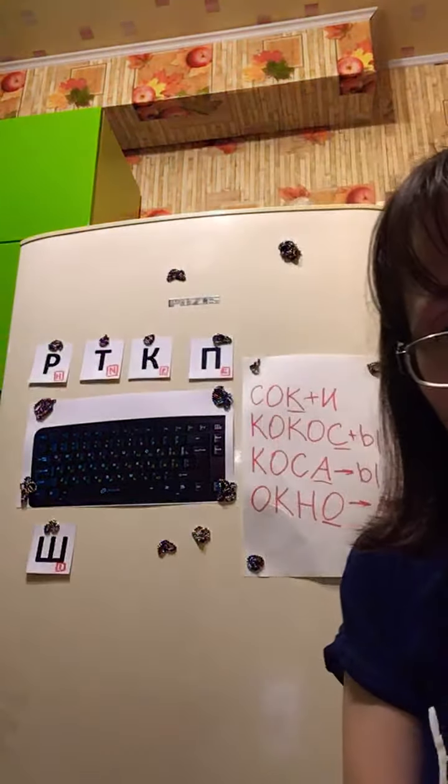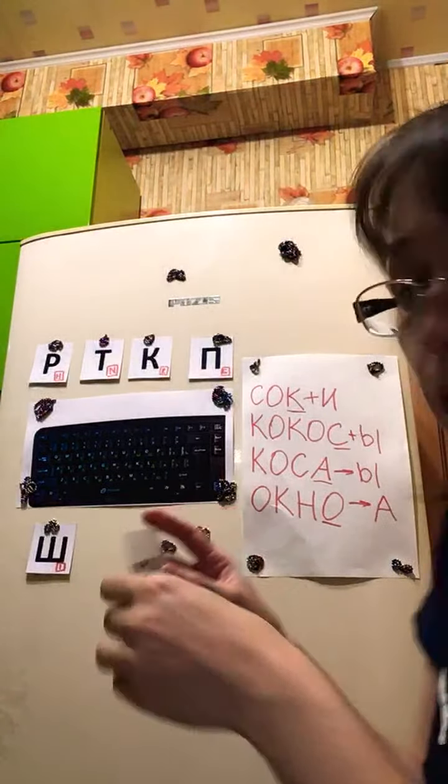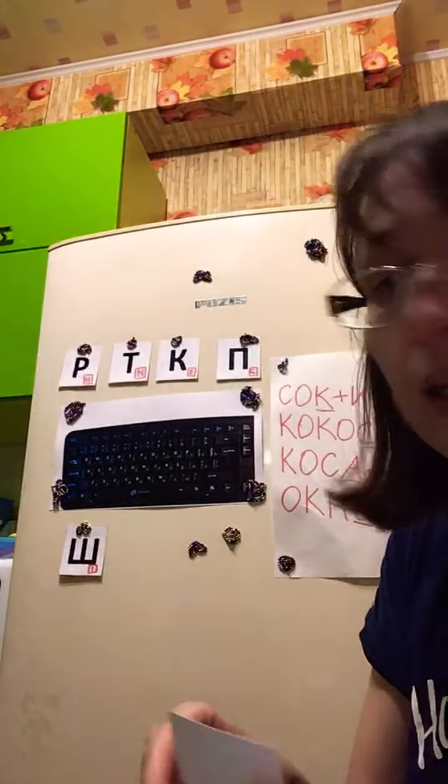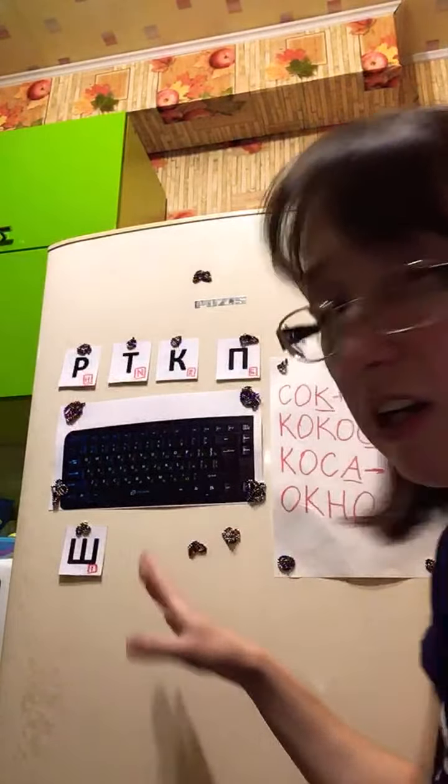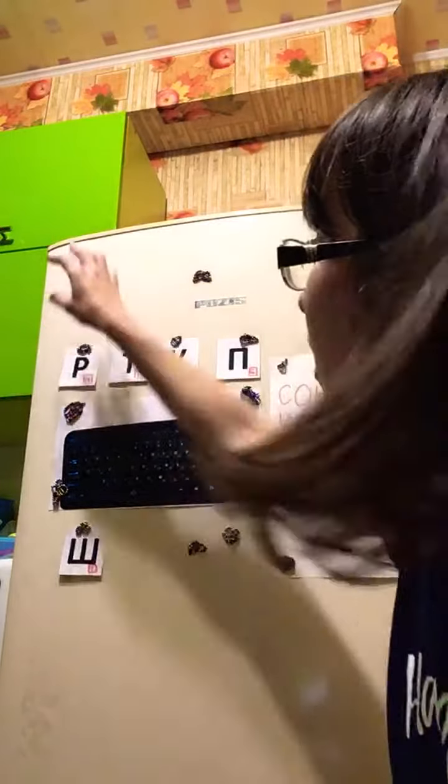Clear? Okay, good. Yes, it's clear. Well, let's work on two words. If I put the words here, will you see them? Because I don't have enough space here. This space is for letters, and I will put two words here. Is it okay? Is it fine?